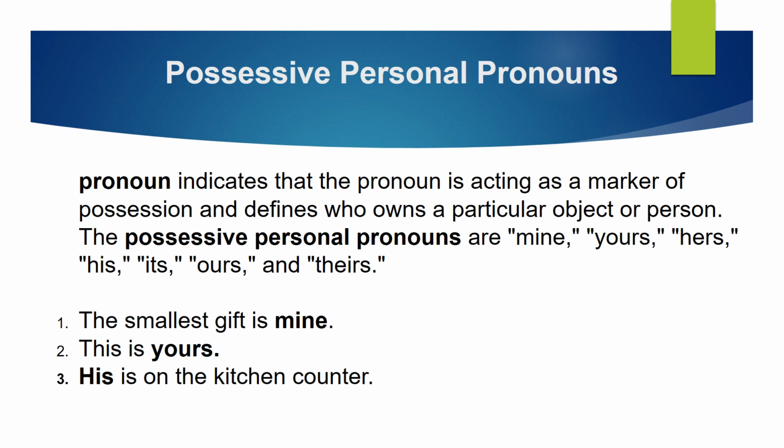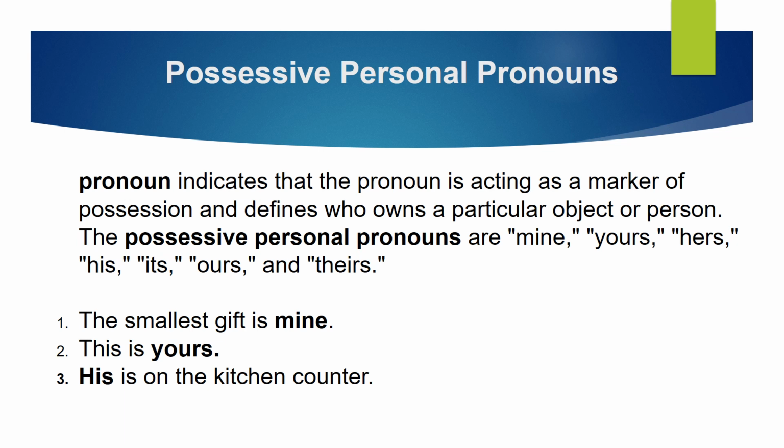So what are the examples? The first example is: the smallest gift is mine. The word "mine" here is the possessive pronoun, functioning as a subject complement. The second sentence is: this is yours.